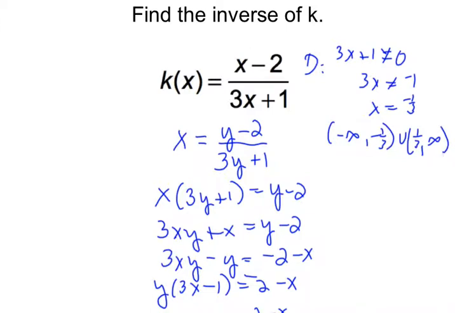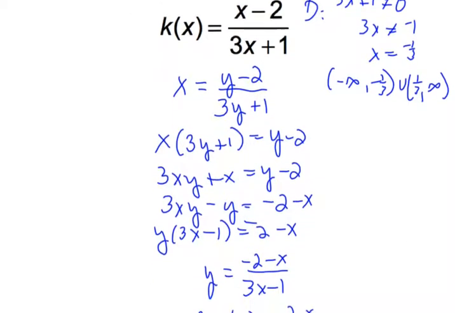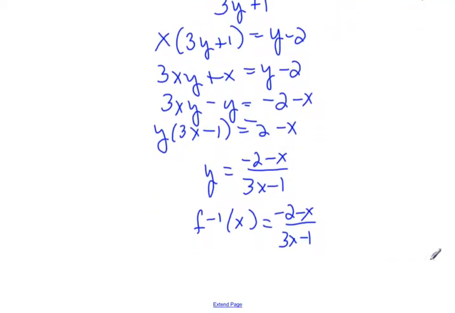In order to figure out the range, we're going to look at the inverse function. In my inverse function, I can tell right away that I would need to exclude values that make this denominator 0. The value that makes that denominator 0 is 1/3.